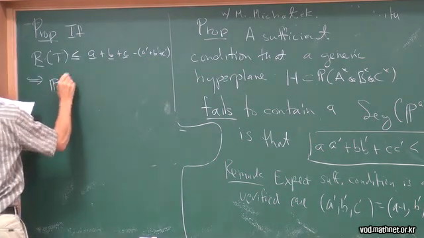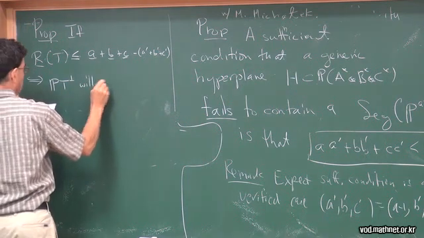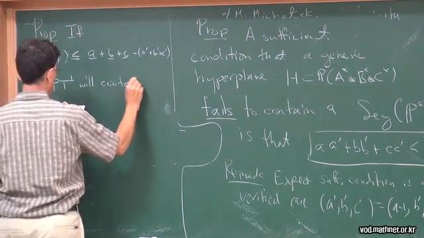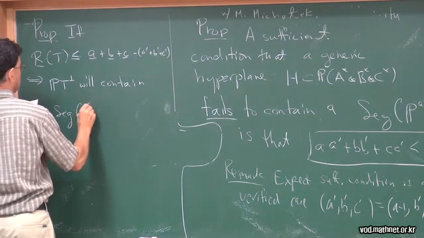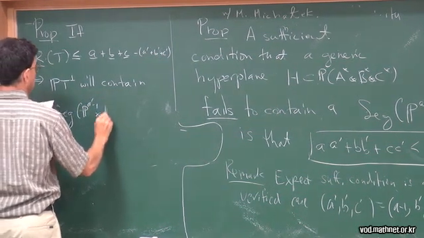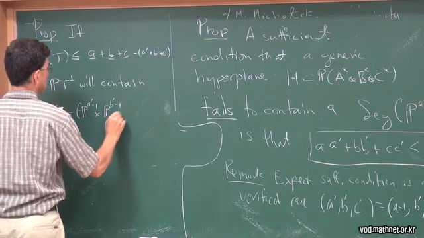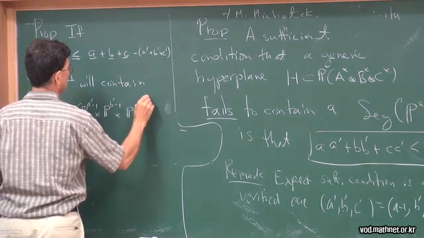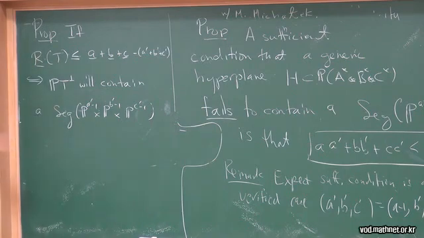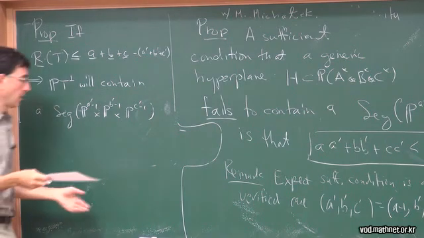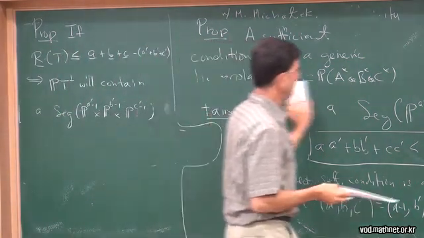P T perp will contain a Segre. Now, I don't know if this estimate is sharp. Maybe one can do a little better, but at least it is an estimate.